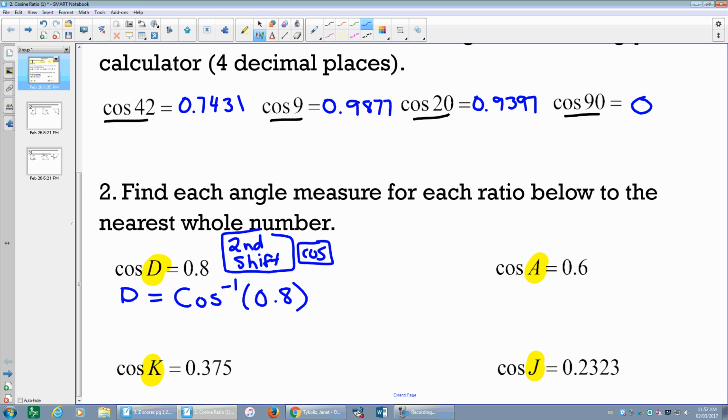When you do that for cos inverse of 0.8, you should get an angle, and if I'm rounding the angle to the nearest whole number, you get 36.8, which we can round to 37 degrees. The next one, if I want to solve for angle A, I'm going to take the cos inverse of 0.6.